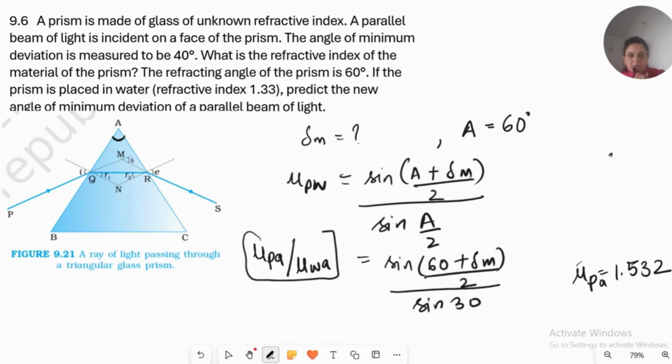Why have we done this? Because mu PA can be written as refractive index of glass divided by refractive index of air, and mu WA can be written as mu W into mu A. Ultimately mu A goes and we get the refractive index of prism with respect to water.